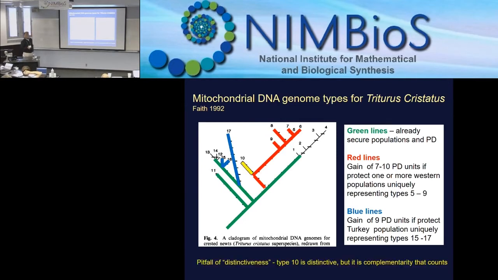So what would endemism be in this case? In fact, I use endemism in two ways. The conventional meaning of endemism would be that portion of PD which is unique to a place or an area. But we can also talk about endemism phylogenetically, which says that population 17, for example, on that phylogeny has phylogenetic endemism.